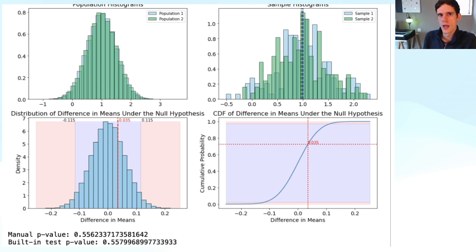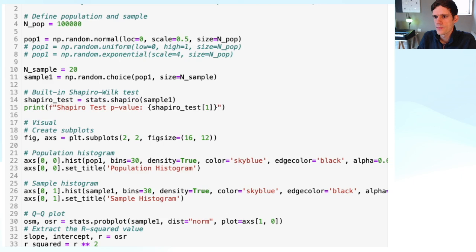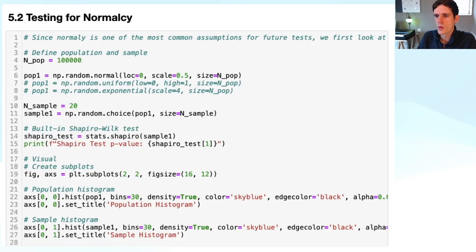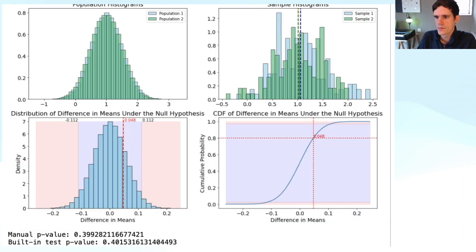And this is also what mathematicians found. Increase the sample size and this t-distribution will resemble a normal distribution more and more. Now, if we run this cell over and over again, then we will see that we will almost never encounter a false rejection of the null hypothesis, meaning that our specific observed difference in means will almost never fall in these red regions.